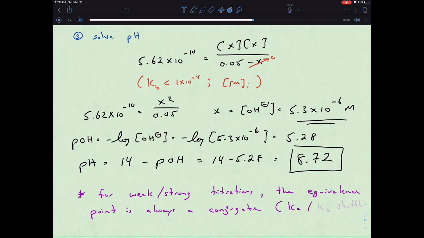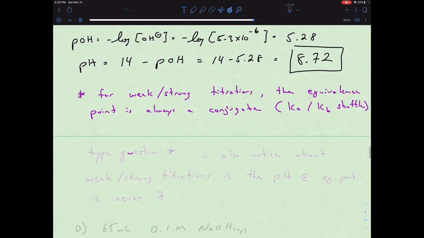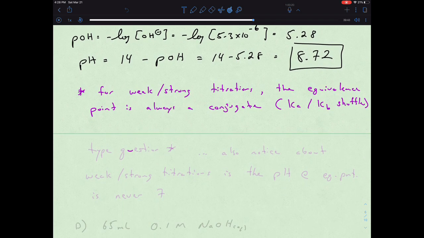Conjugate meaning that Ka, Kb shuffle. Right, it's always a conjugate style of question. We need to do a Ka, Kb shuffle.